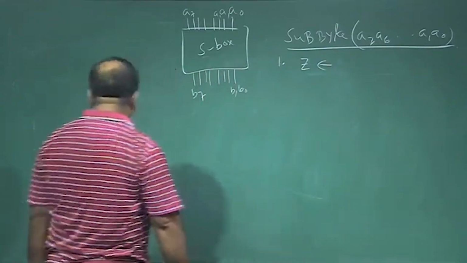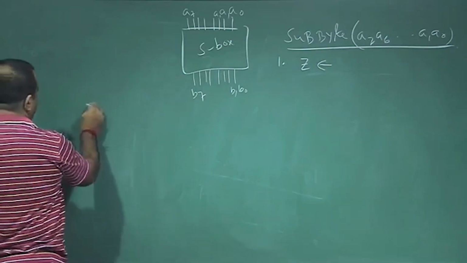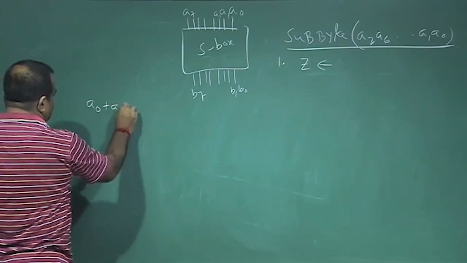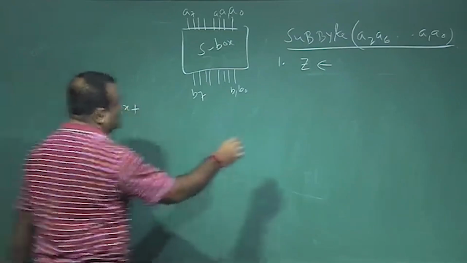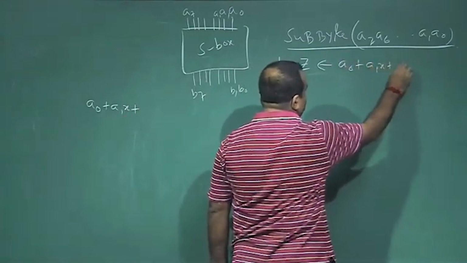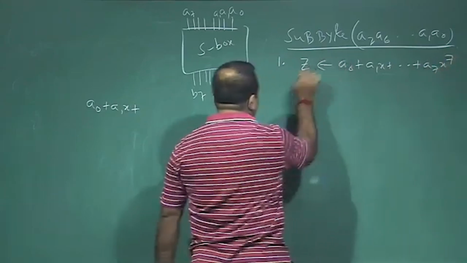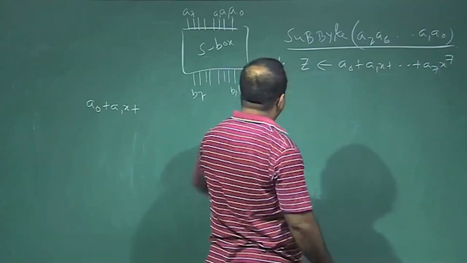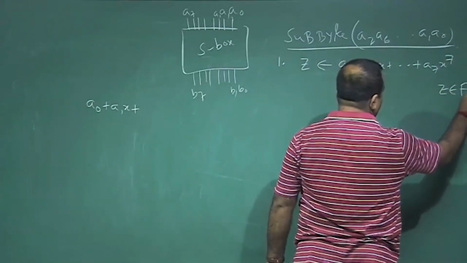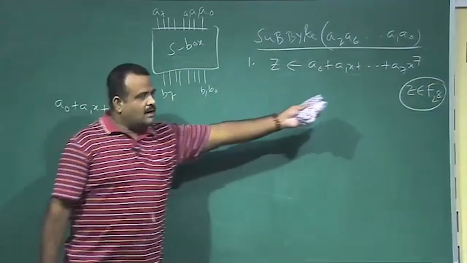How can we convert an 8-bit number into a field element? We just denote it by A0 plus A1x plus dot dot dot plus A7 x to the power 7. So this is a field element Z, where Z belongs to F 2 to the power 8. So Z is a field element.